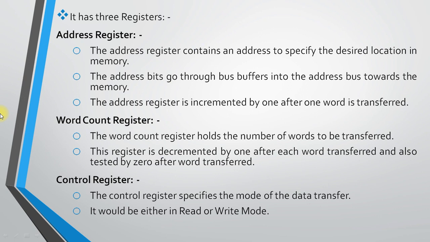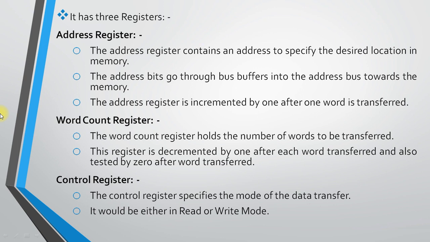The address bits go through the bus buffer into the address bus towards the memory, and the address register is incremented by one after one word is transferred. From the name itself you can tell that the address register contains the address of the desired memory.